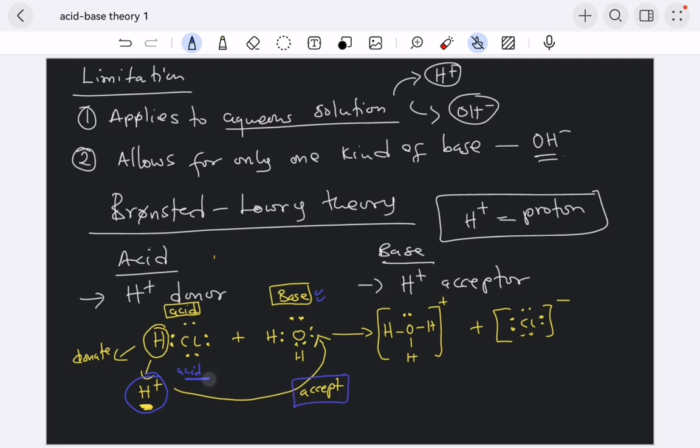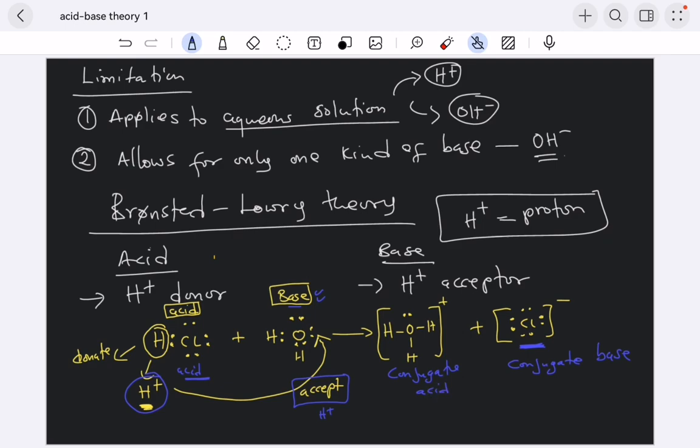So when the acid donates a hydrogen ion, it becomes this, and this will be referred to as a conjugate base. So a conjugate base is what an acid becomes when it has lost its proton. Then the water here, which was a base, is going to accept the hydrogen ion to form what we call a conjugate acid.